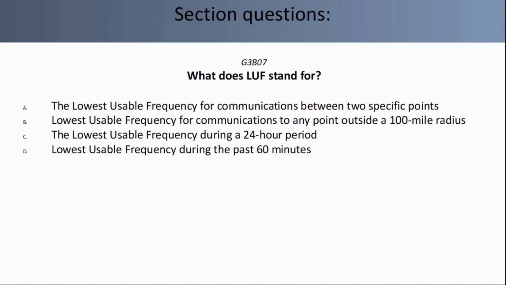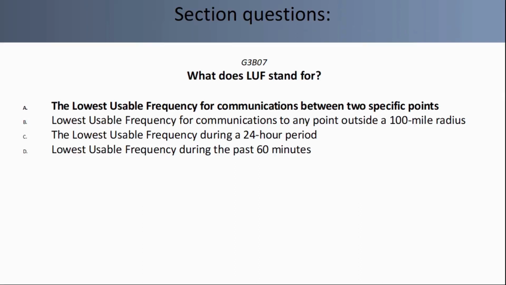Ooh, what's the LUF? Is it the lowest usable frequency for communications at any point outside 100 miles? The lowest one during the last 24-hour period, or last 60 minutes? Nope, none of those. It is just the lowest usable frequency for communications between two specific points. No radius, no time factors imposed.